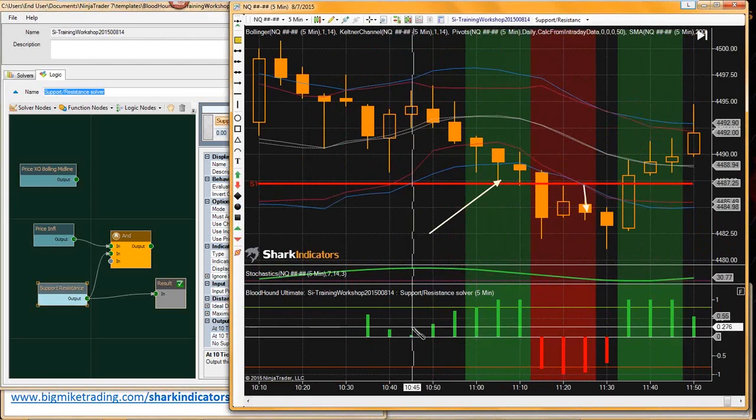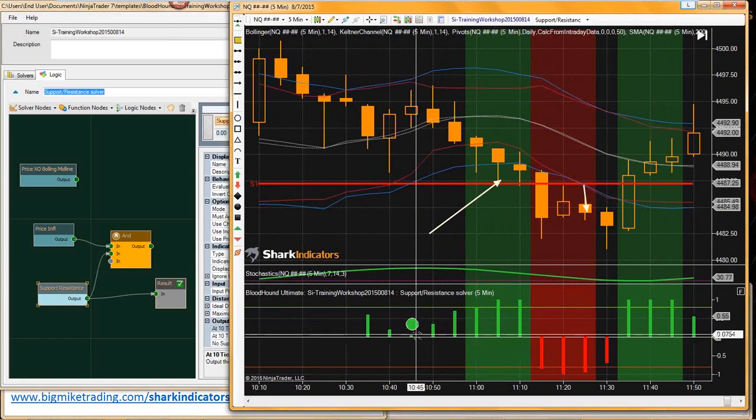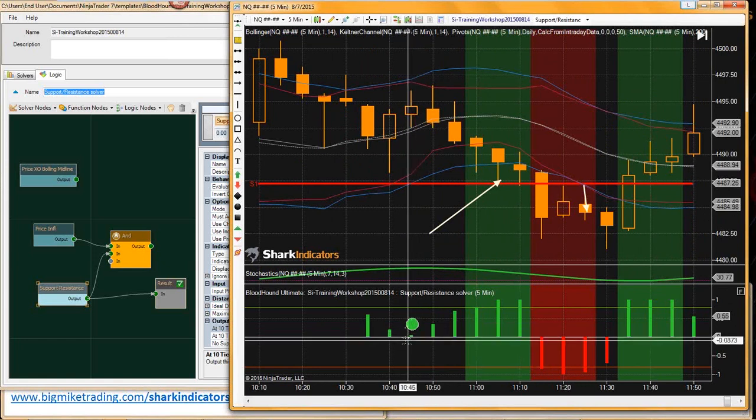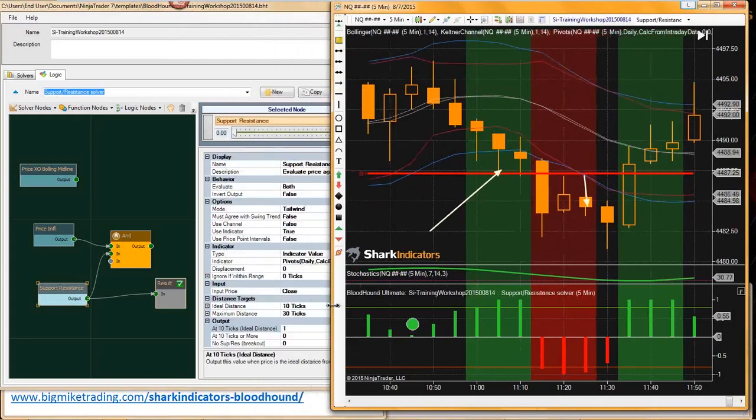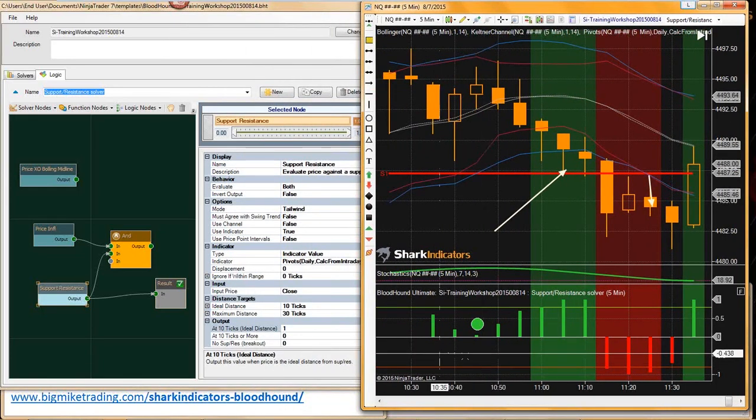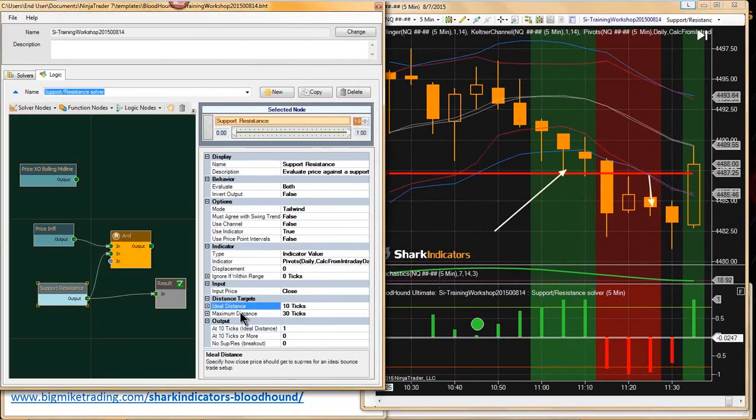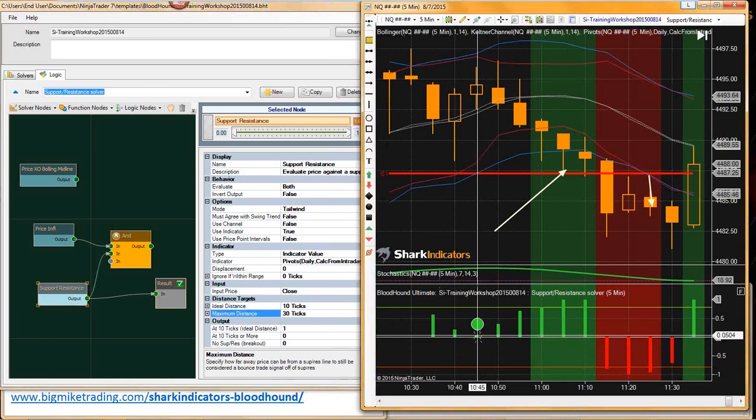Take a look at this right here, so we can see that there's just a little tiny long output. Since we're using fuzzy logic, when we get to our maximum distance of 30 ticks, BloodHound's going to start giving us some of an output.